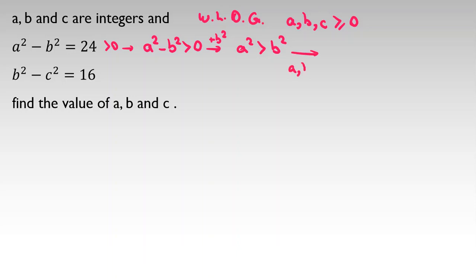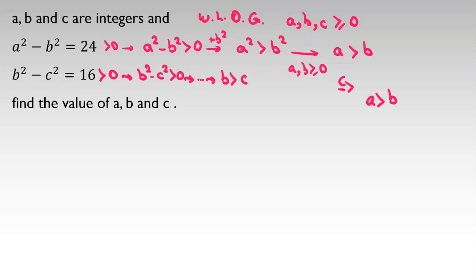Because A and B are at least 0, A is strictly greater than B. Similarly, B squared minus C squared is positive, so by the same way, we conclude B is greater than C. If we combine these, A is greater than B, greater than C, and C is greater than or equal to 0.